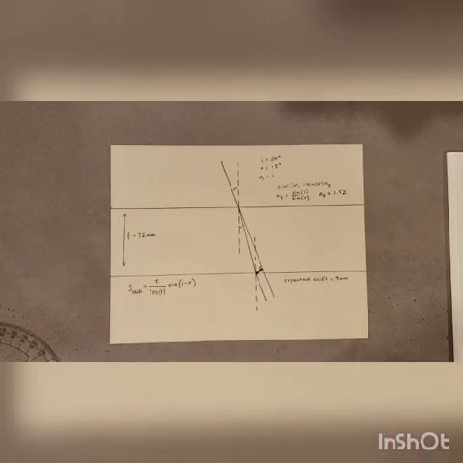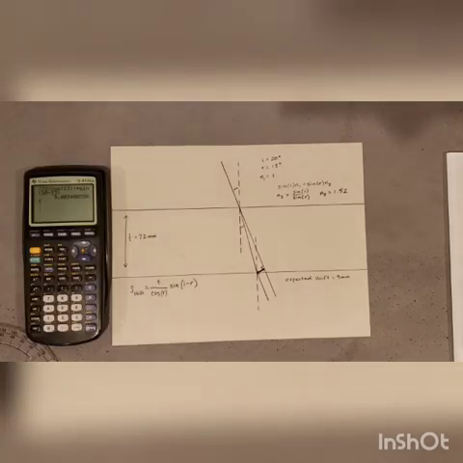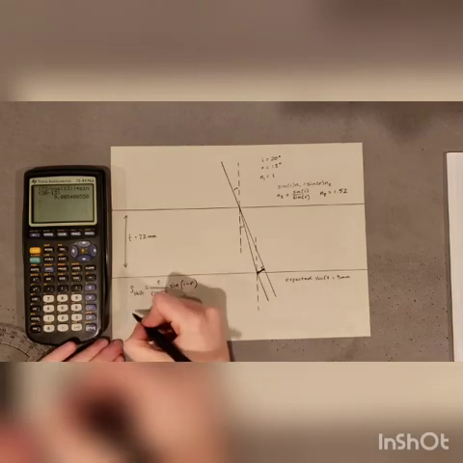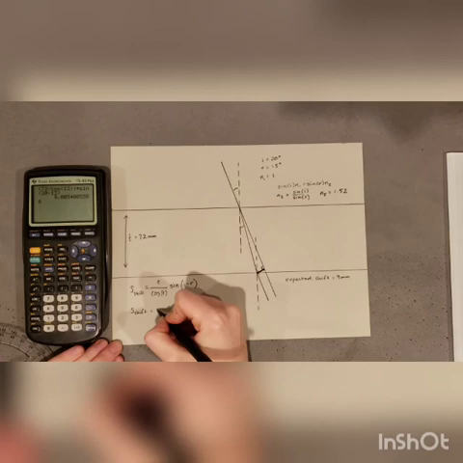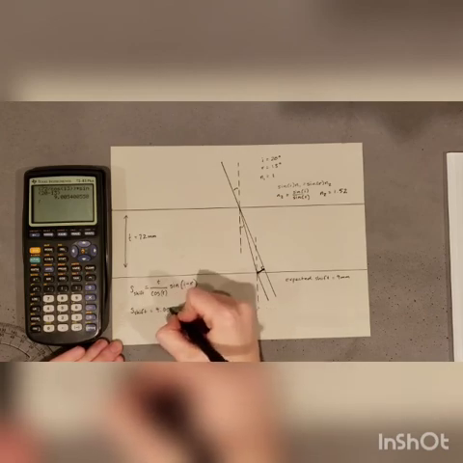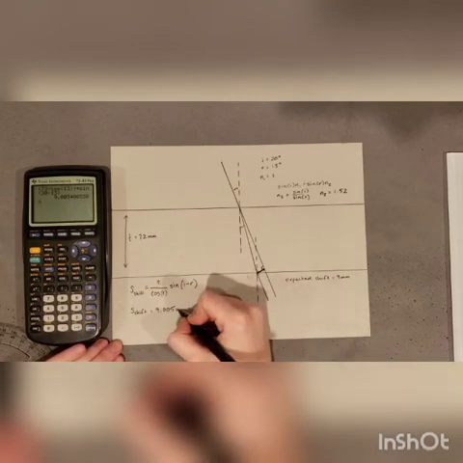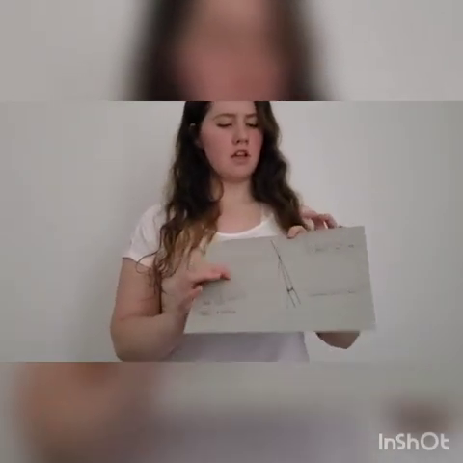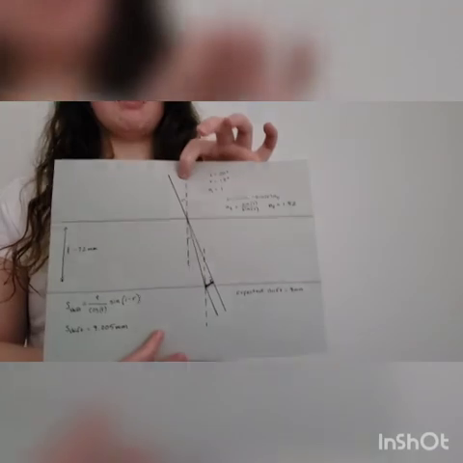So we'll just plug this in and see what our calculated lateral shift is. So our calculated shift equals 9.005 millimeters.